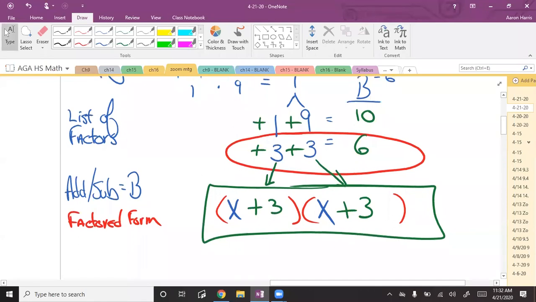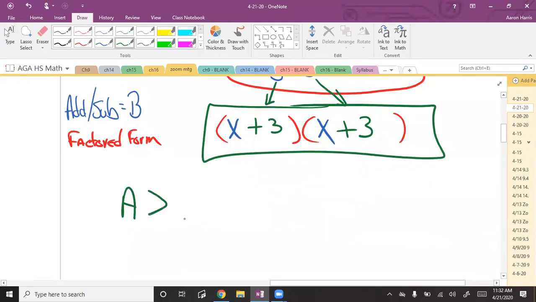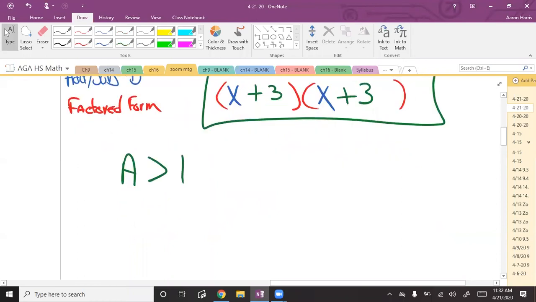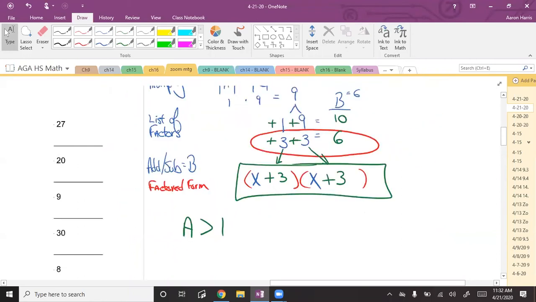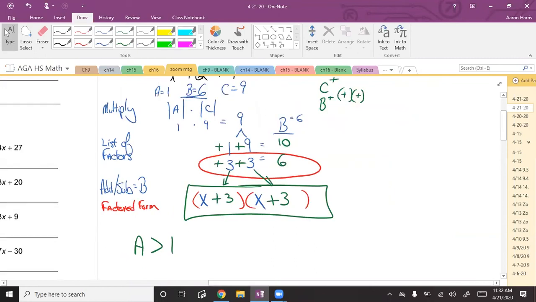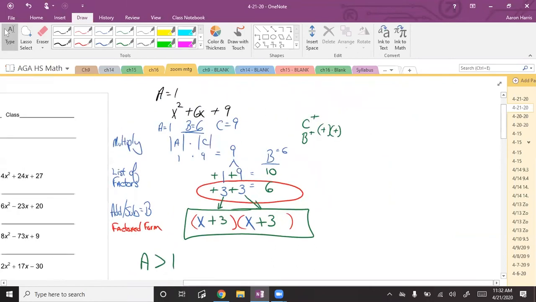So now let's do it when A is greater than 1. A being greater than 1 is going to cause us to do an extra step. Let's take a look at this as a complete body of work. When A is equal to 1, I had x squared plus 6x plus 9.